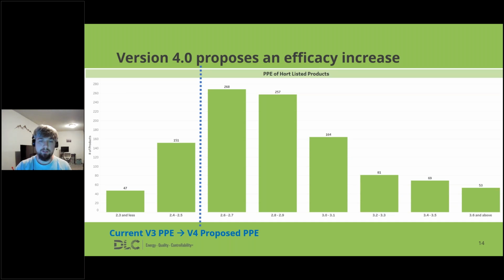So those products on the left-hand side would, if they haven't already, need to update some internal components, show that they're now meeting our new efficacy threshold, and then update to version 4. Everything that's above that threshold right now is not going to be impacted by these version 4 proposals.